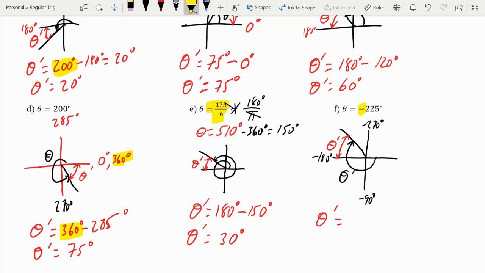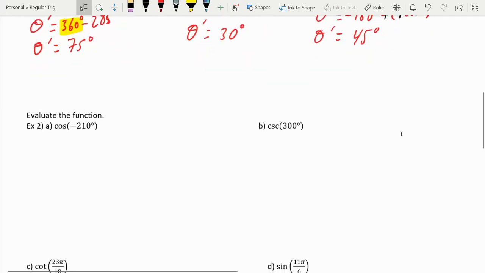Well, in our case, which one is bigger, negative 225 or negative 180? Negative 180 is actually the bigger angle. So I have negative 180 minus a negative 225. That happens, and we end up with a positive angle again. So theta prime is 45 degrees.